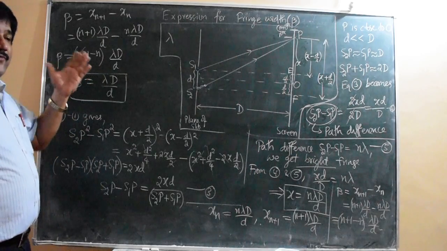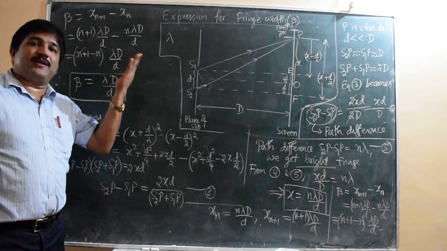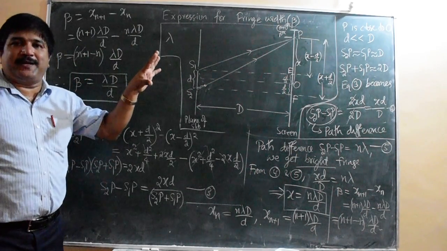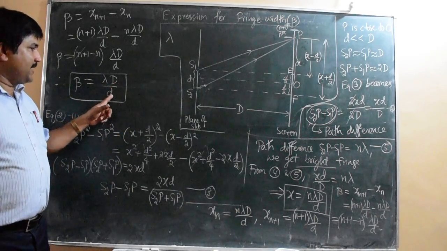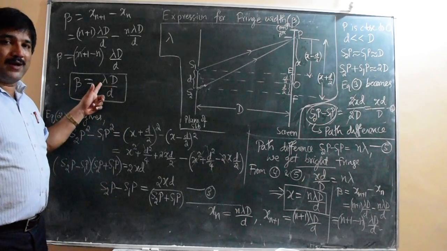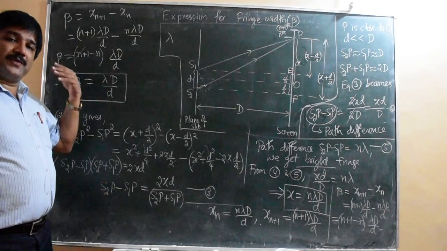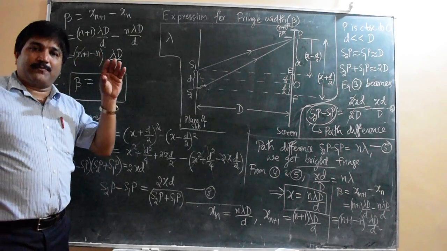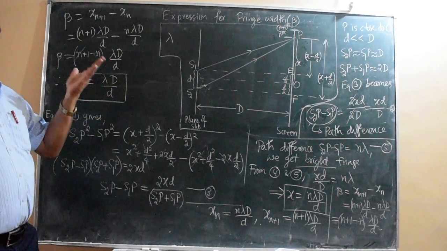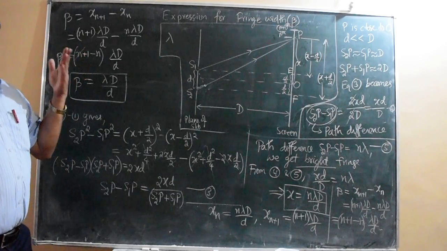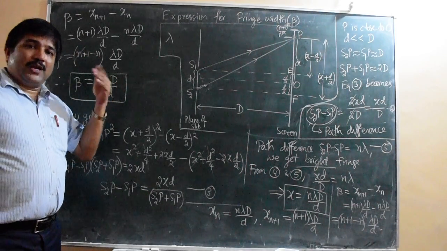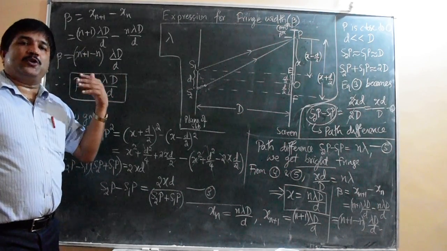For a given experimental setup, keeping capital D and small d the same and only changing lambda, red gives broader fringes compared to orange, orange compared to yellow, yellow compared to blue.